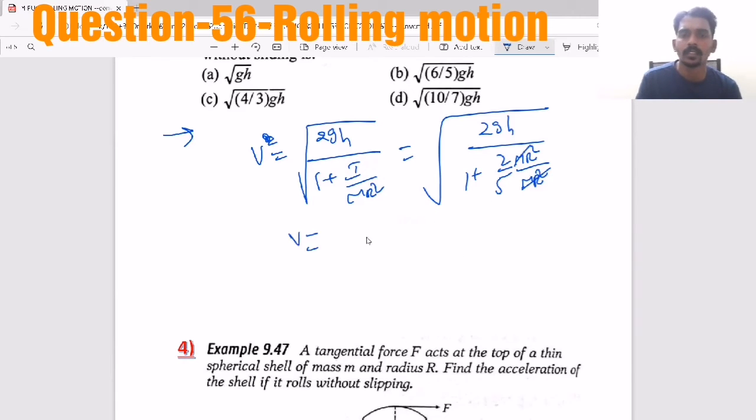So you will get the answer, root of 10gh by 7.